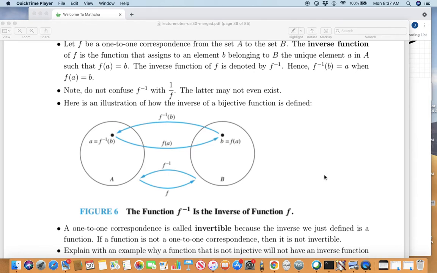So let's see a picture. Set A is here, set B is here, f is a function from A to B. If f is bijective, then it is both injective and surjective. What does that mean? To be injective, every two distinct elements go to distinct images. To be surjective, every element here is an image of somebody here.